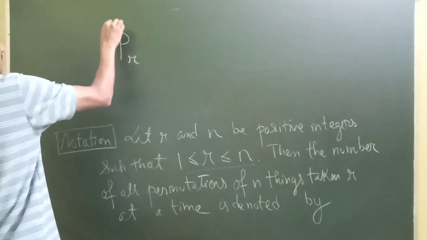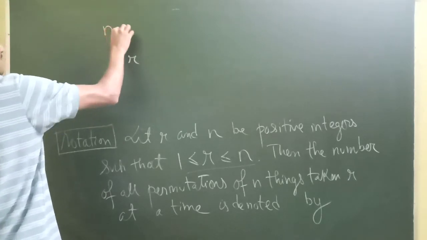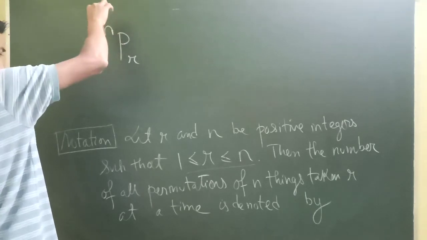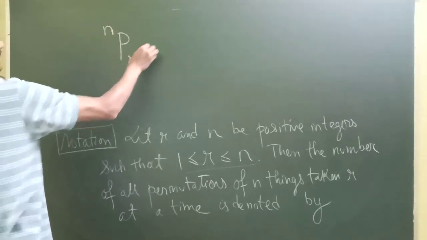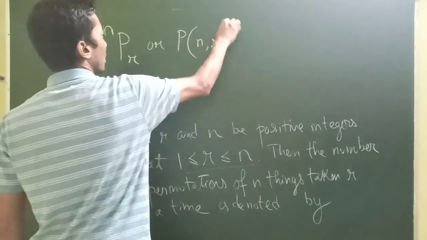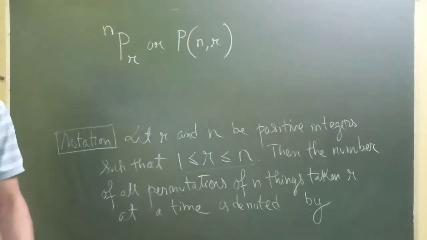These are all exponents, index exponents. n on top, P, r. The number of permutations of n things by taking r at a time. It is also generally denoted as P(n, r). We use this more.